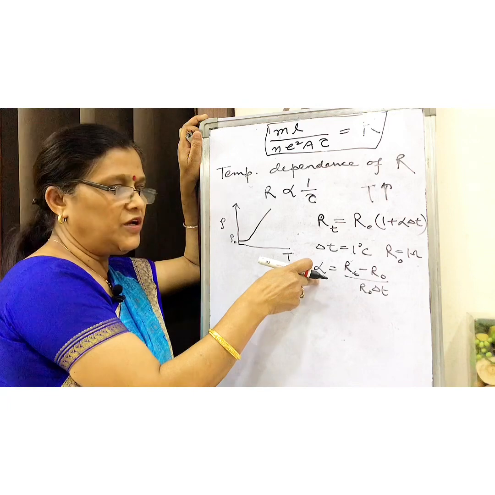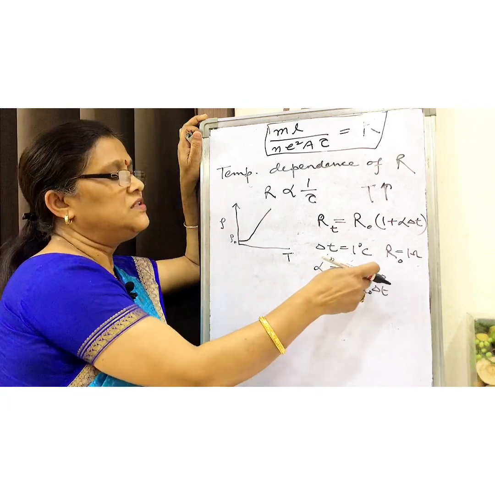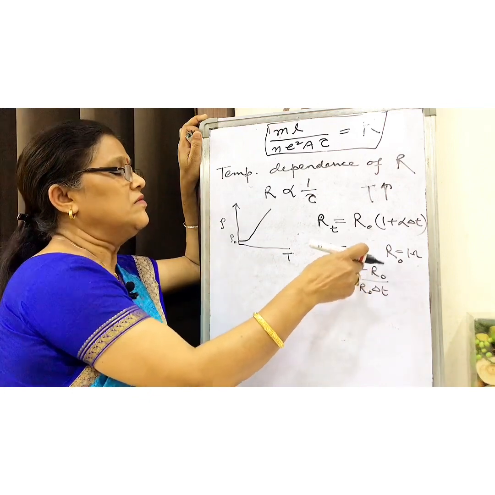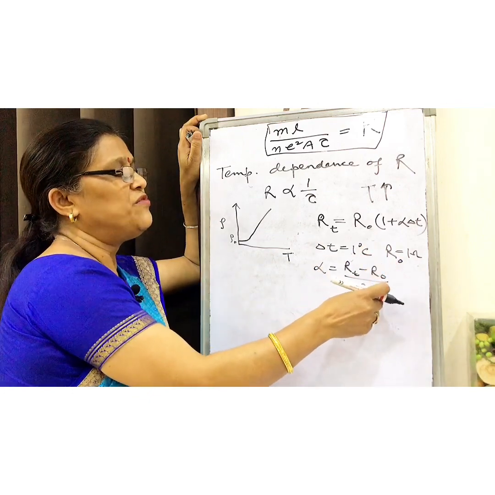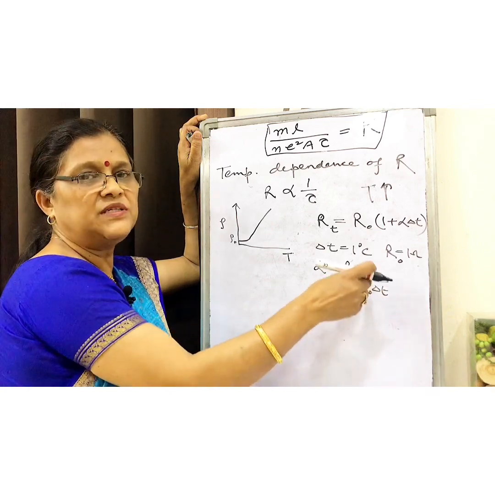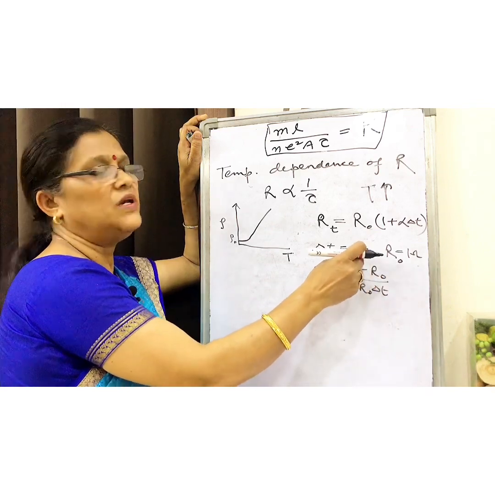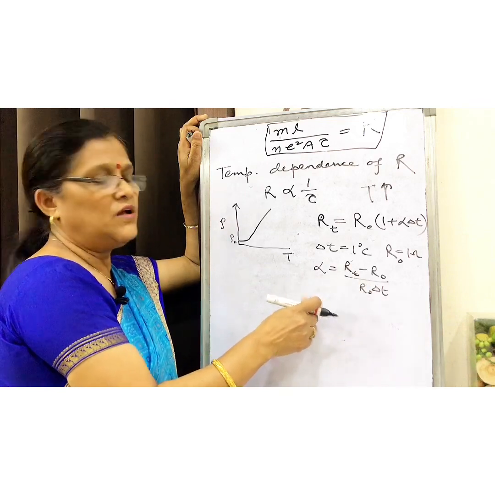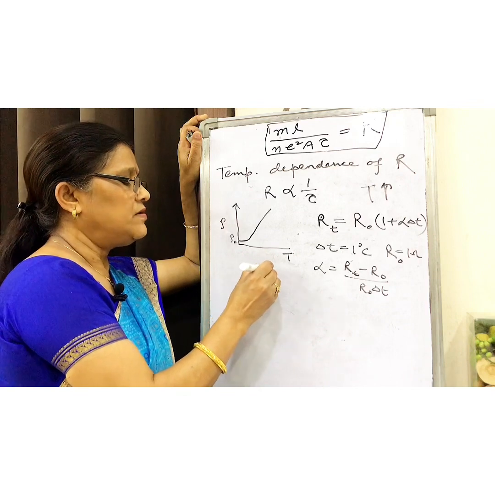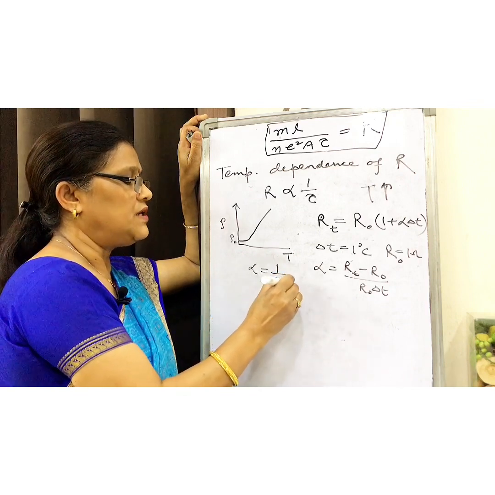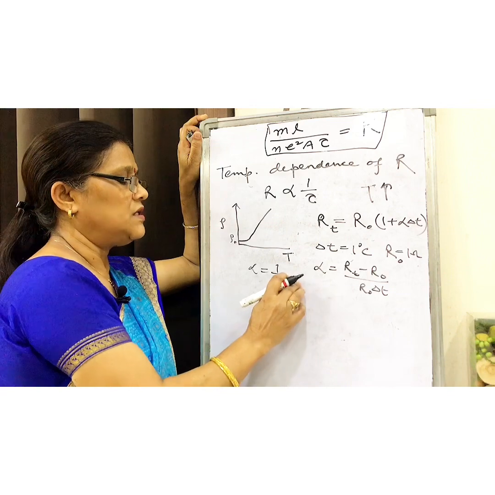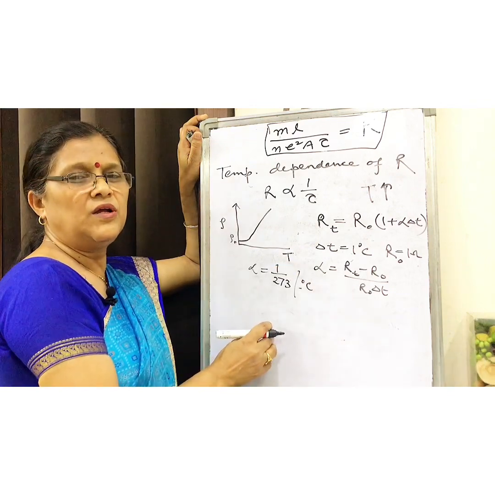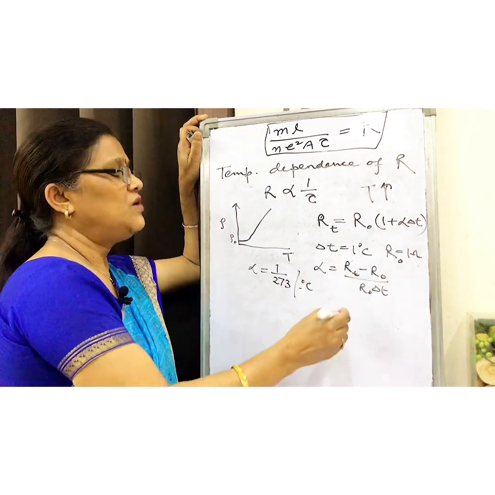It is equal to the change in resistance when the temperature is increased by only 1 degree Celsius from 0 degree Celsius. Normally for metals, it is found alpha is 1 upon 273 per degree Celsius. If we put in this value, then what will you get?